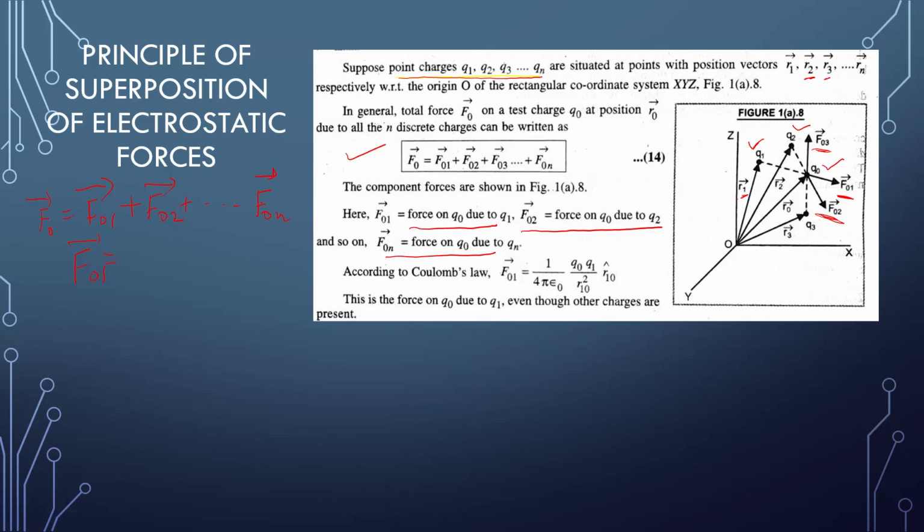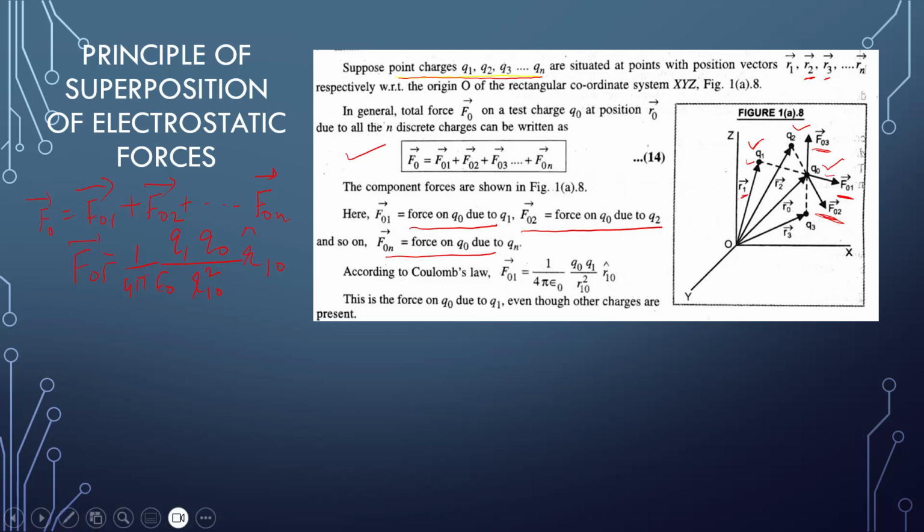That force can be written as F01 vector equal to 1 upon 4 pi epsilon naught, Q1 Q0 upon R10 square, into R10 cap. What is R10 cap? It is the unit vector directed from Q1 to Q0.